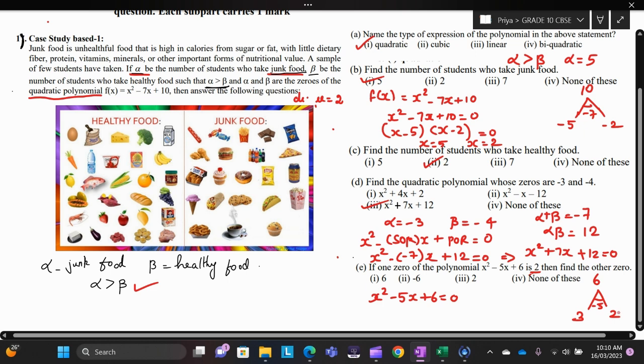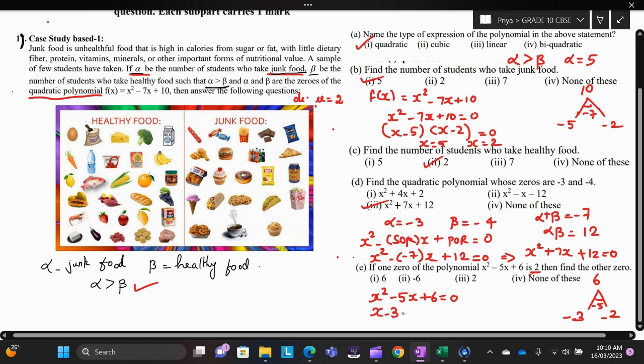So, I'm taking 3 and 2. 3 times 2 is 6 and 3 plus 2 will be positive 5, but I'm getting minus 5, so I'm changing the sign. If I change the sign of one of the numbers, then I get minus 3 into 2 which will be minus 6, but it should be positive 6, so I have to change the sign of both the numbers.